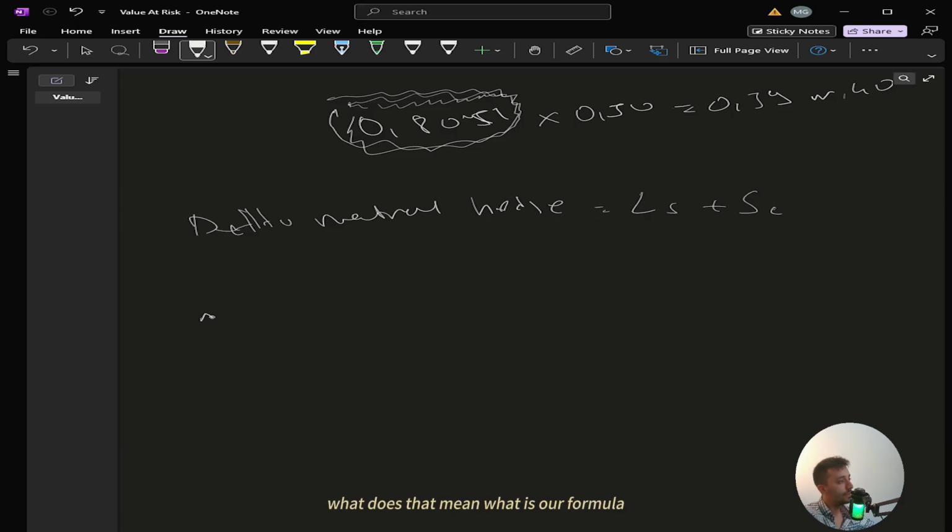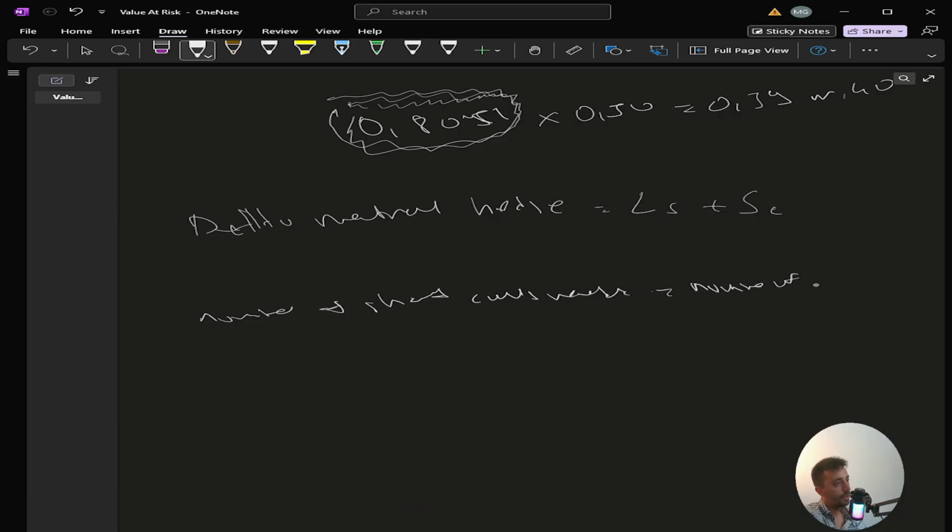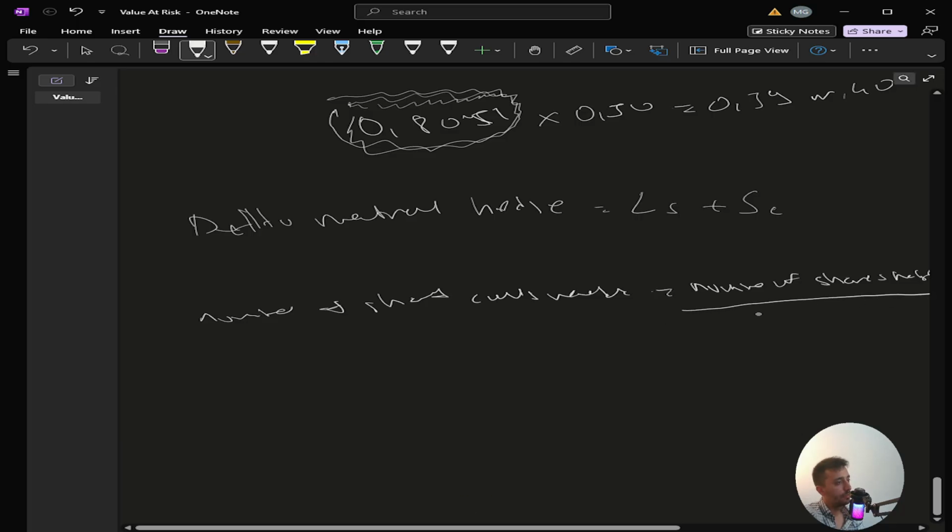What does that mean? What is our formula? Number of short calls needed equals number of shares hedged over delta call, guys. This is the number of shares hedged, and this is delta call, cumulative or discrete, however you want to use it.